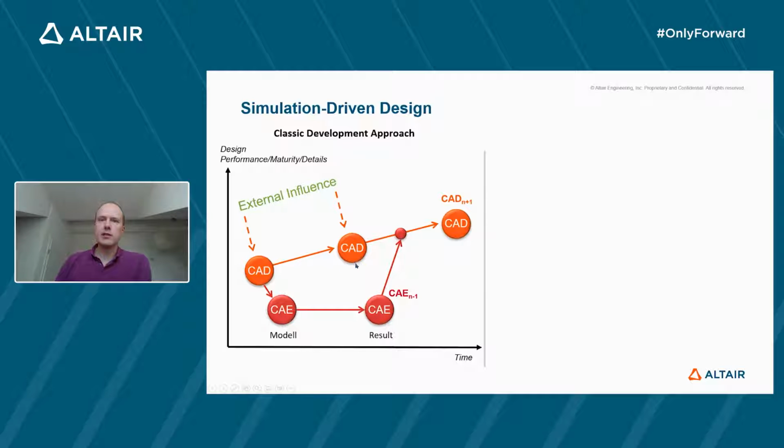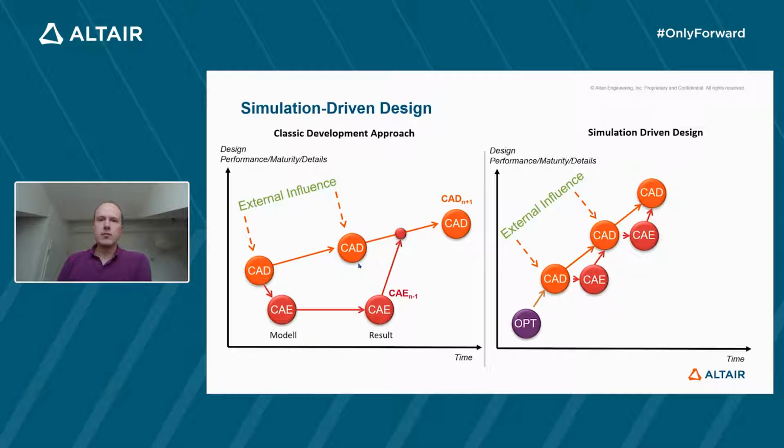Only after the simulation is done, you'll see that something has been missing, which is of course a very obvious error, but just to give you an idea, those type of smaller errors occur regularly. If you do simulation at a very late stage, you will observe them very late and will not have the time or the capacity or the possibility to even influence your CAD design anymore, because the process is already too late to implement any changes.